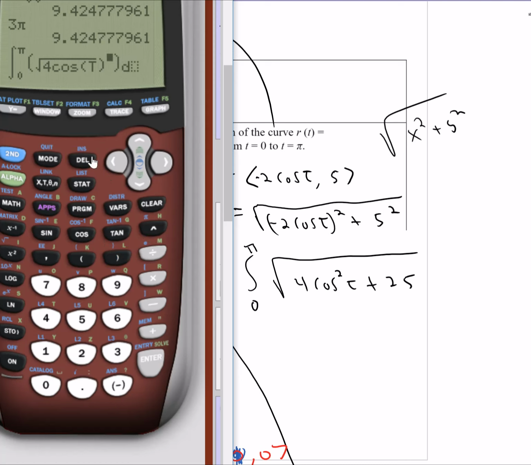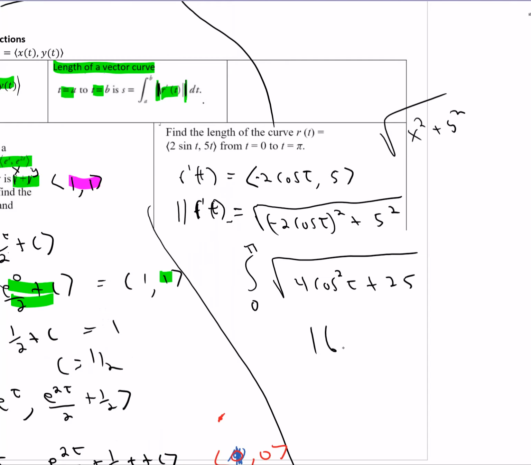Nope, it's not doing what I want it to do. Cosine t, there we go, plus 25. And we're going to get 16.319. All right, so that one's not that bad. Good luck with this. Please ask for help because it's hard.